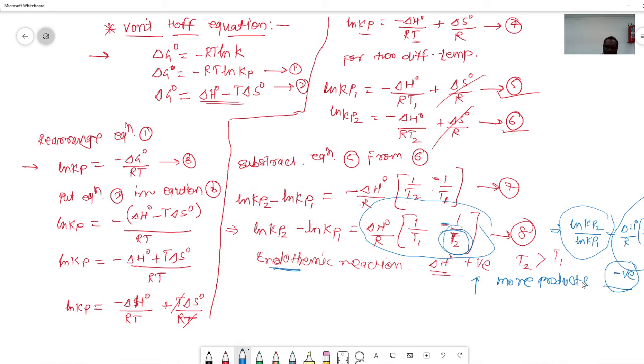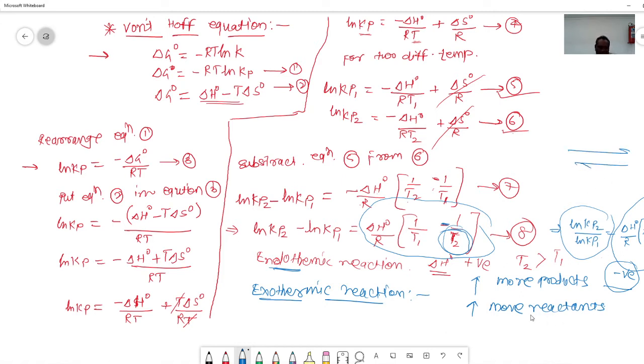And for the exothermic reaction, what will happen? We know the exothermic reaction is the reaction in which heat is evolved. Therefore, if you increase the temperature, more reactants will be formed for the reversible reaction.